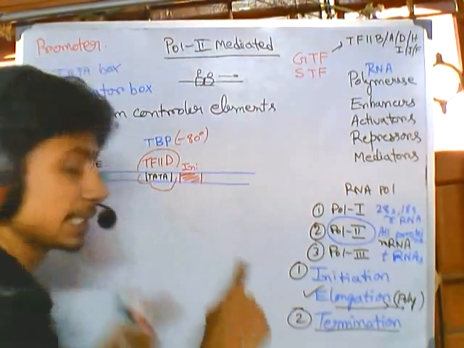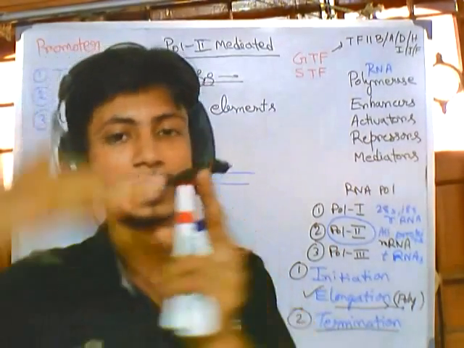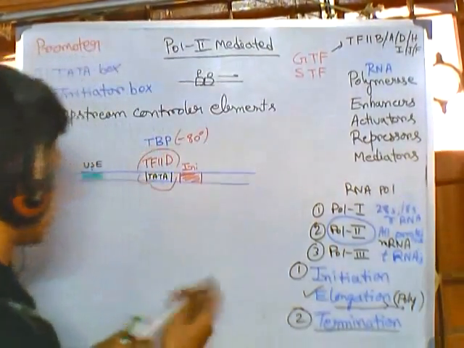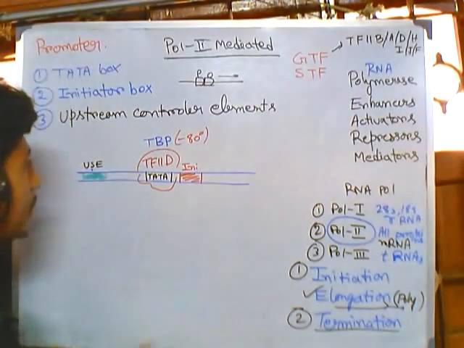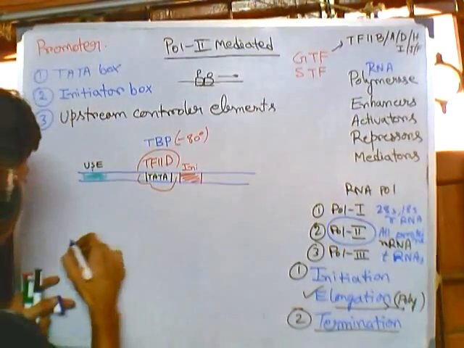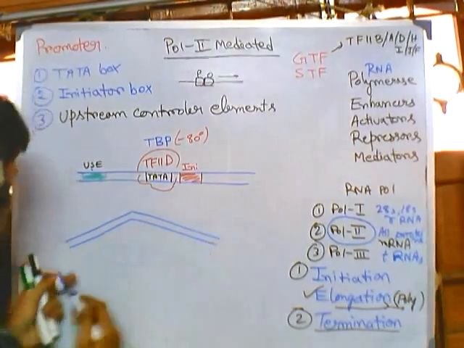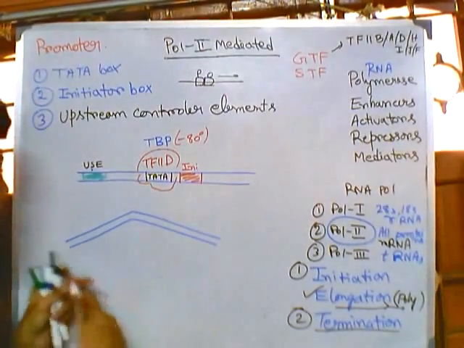Now as it bends 80 degrees, remember 80 degrees is a lot; 90 is just straight like that, 80 is slightly bent, so it will make a structure like that in the very first place. Here is our protein.